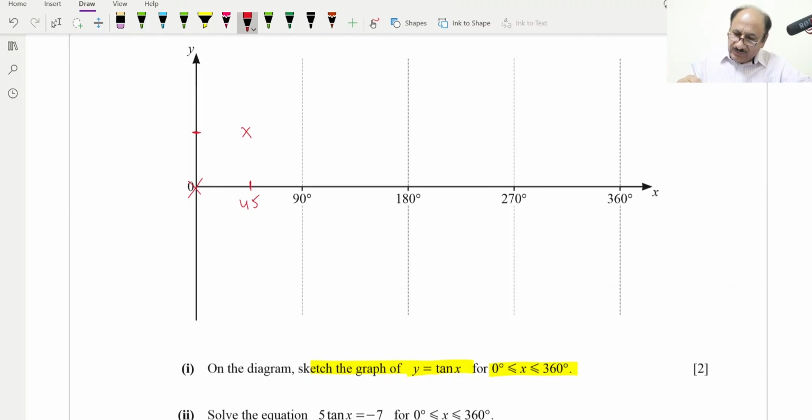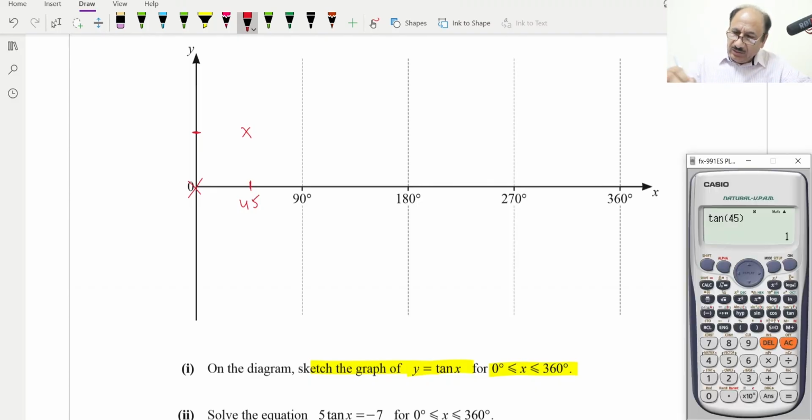And if we check tan 90 degrees, that will be an asymptote, and 90 degrees will be this one. It will give a math error, so we'll have to check a little less than 90 degrees. For example, we can check 89, and tan 89 is 57.28. So it's going huge up.